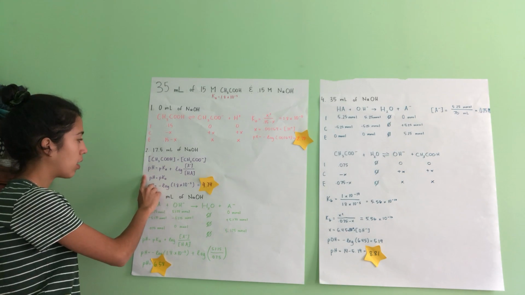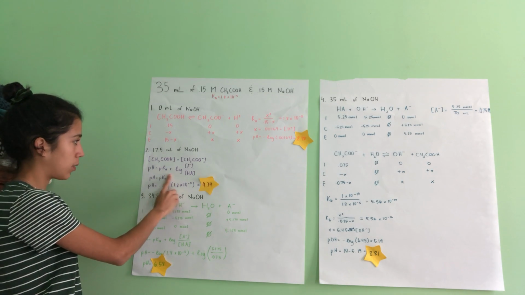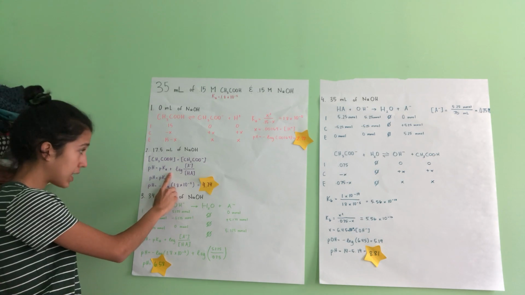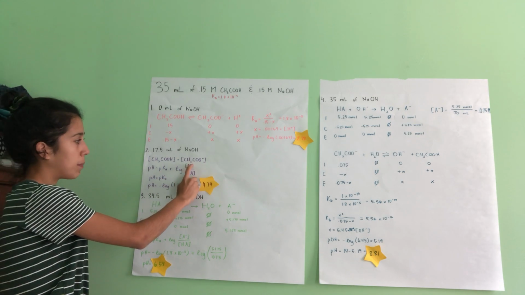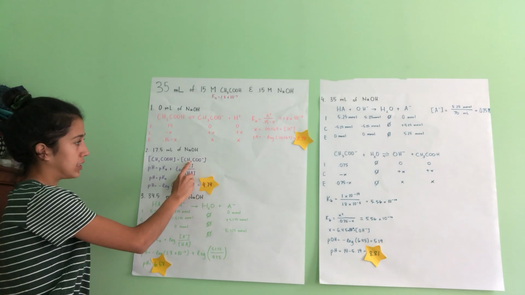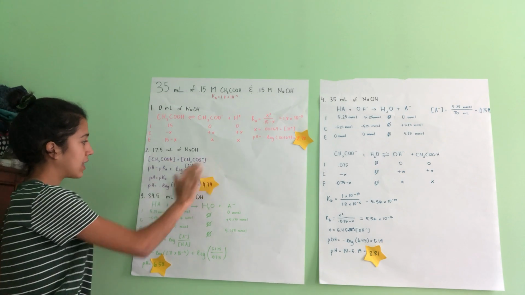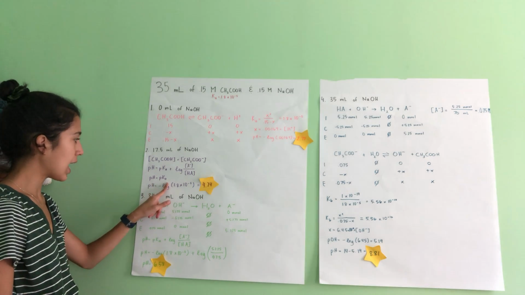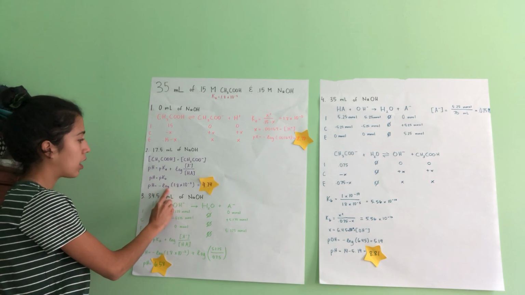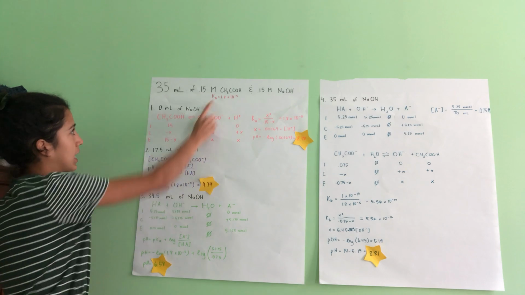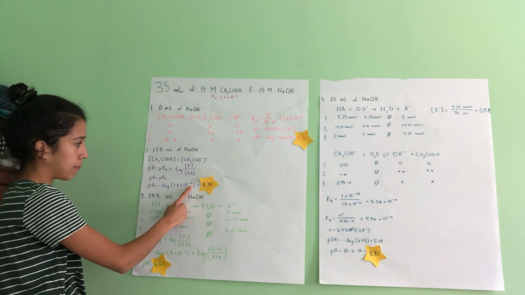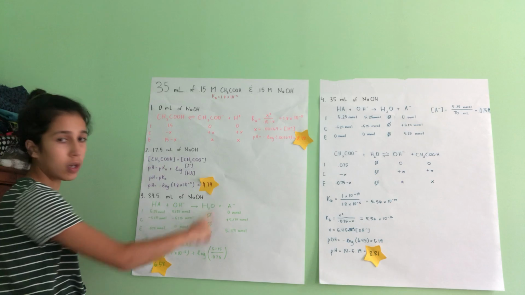So we're going to use the Henderson-Hasselbalch equation of pH equals pKa plus log of conjugate base over acid. However, since these amounts are equal, this ends up being 1, so we just neglect that, and then pH equals pKa. So pH is going to equal negative log of the Ka of acetic acid, 1.8 times 10 to the negative 5, equals 4.74.